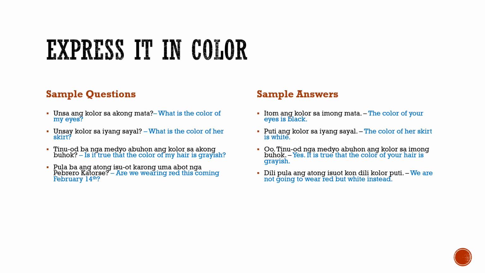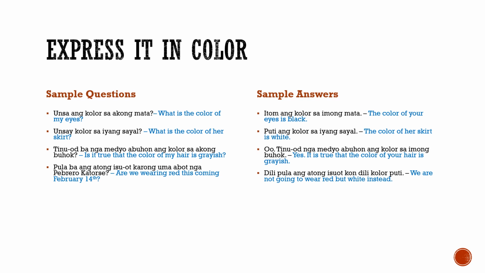Karon. Karon, if we translate the literal karon, that would mean now. But when we say karong umaabot, that means we are pointing to a specific event or a future reference of a time. So when I say karong umaabot, I'm referring to something that's coming up. Nga, okay, nga, that specifies what.